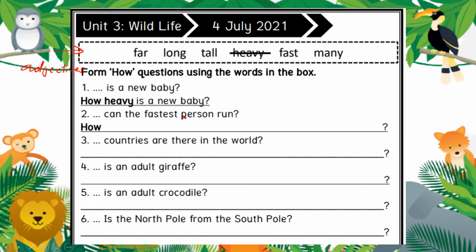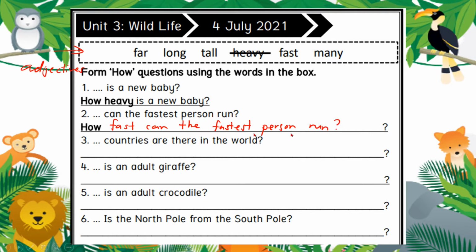Can the fastest person run? Fastest person run ni orang yang paling laju boleh lari. How apa? How fast lah kan? How fast, berapa laju? How fast can the fastest person run? Berapa laju manusia yang paling laju boleh lari?